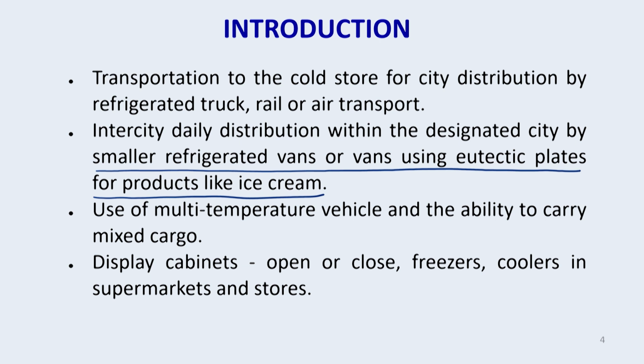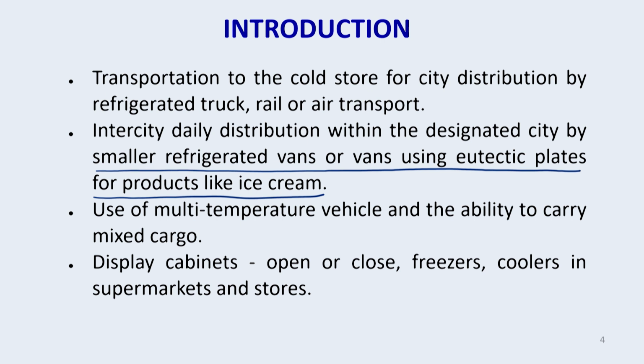When we see the transportation vehicles, apart from the nature of the vehicle, we can say some vehicles are meant for long distances, some for medium distances, and some for short distances.